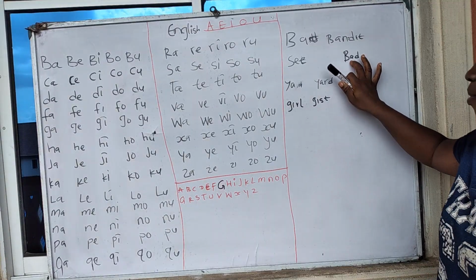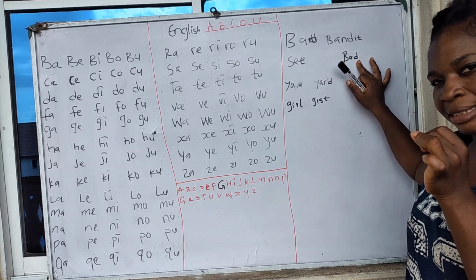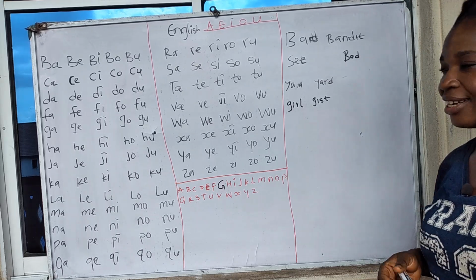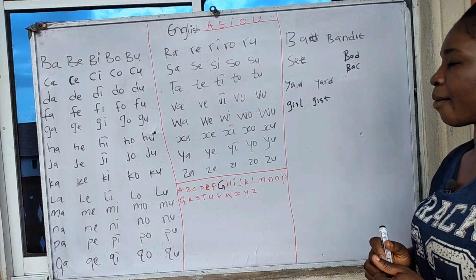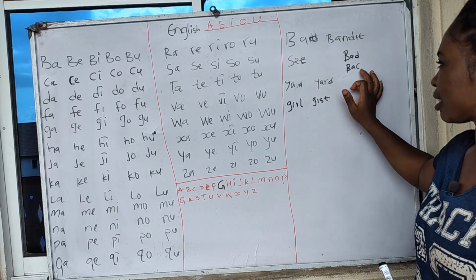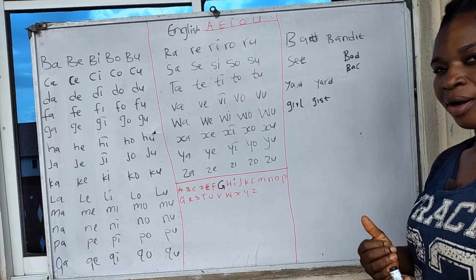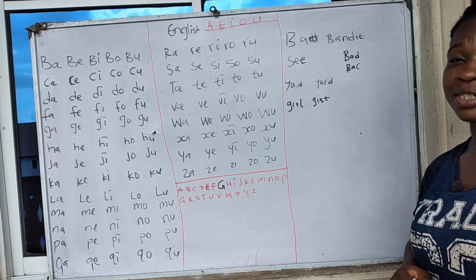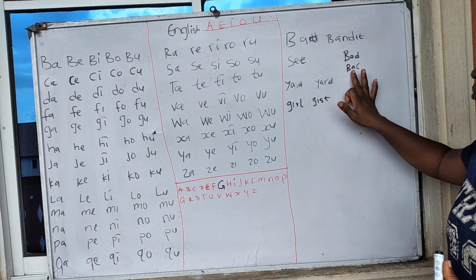Let's still see this form. I have ba plus D. We have bat, because D is added. Let's see ba plus C. We have back, because C is the k sound. This C is pronounced in three forms. So let's move on. You have back.